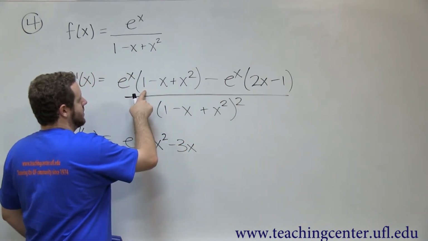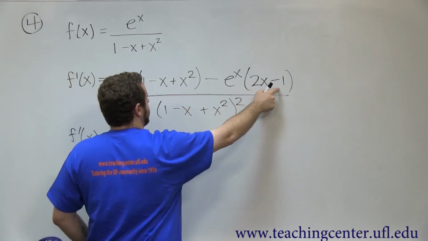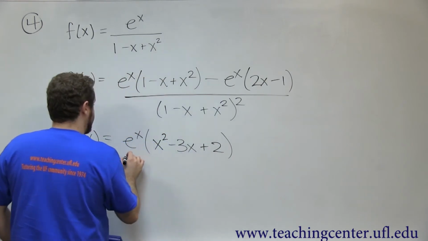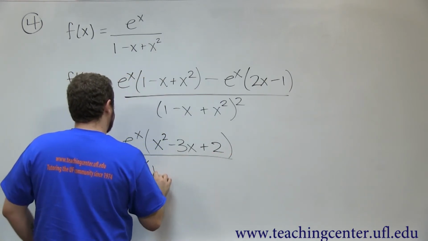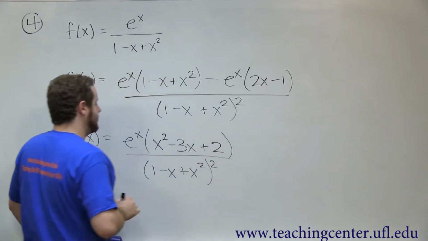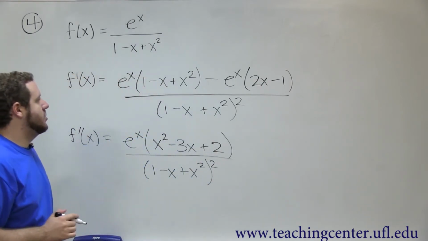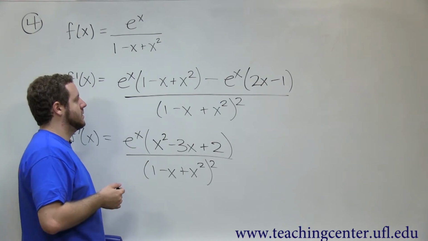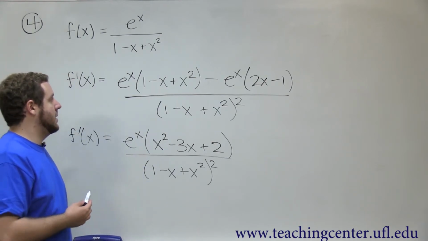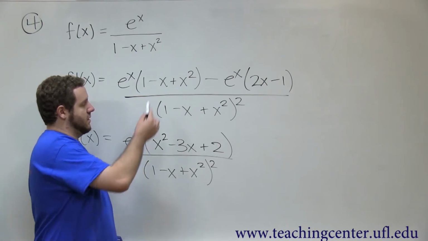And we have 1 minus negative 1, so we get plus 2. On the bottom, we still have 1 minus x plus x squared, squared. So by factoring out the e to the x's in the numerator, we're able to combine like terms for the rest of the things.